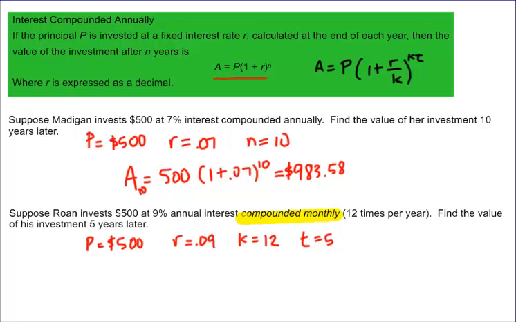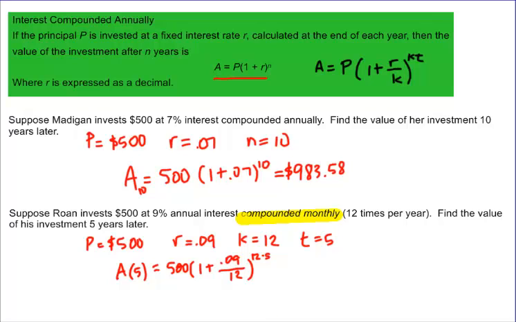So if you want to look at your function, and I'll note it another way, A5, the amount after 5 years. So this is a couple different ways to note your amount of money you're going to earn back. So this is going to be 500 times 1 plus 0.09 divided by 12, and then up in the exponent is going to be 12 times 5.